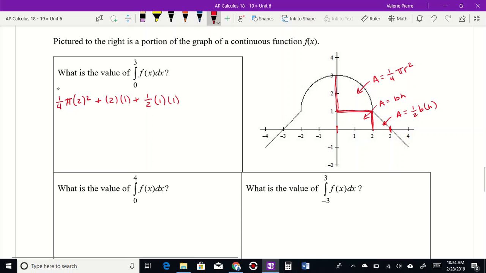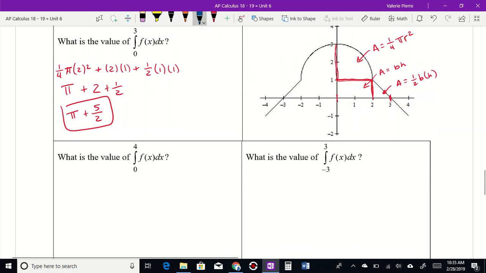So here we have 2 squared, which is 4. A quarter of 4 is just 1, so we have pi plus 2 plus 1/2. So we have pi plus 5/2, which you could do out if you want to, but you don't need to.